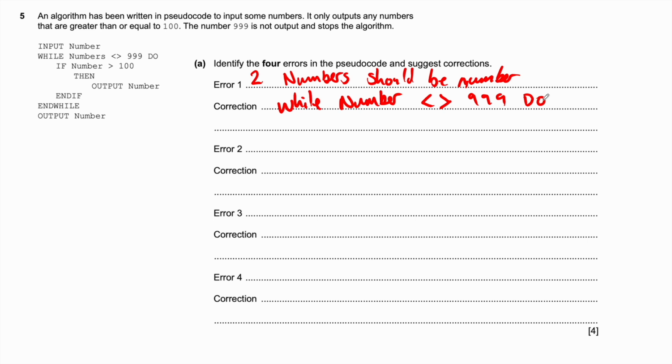So I'm looking at the question here. It only outputs any numbers that are greater than or equal to. Well, if number is greater than 100, is going to exclude 100. That is not inclusive. So I would say line 3.